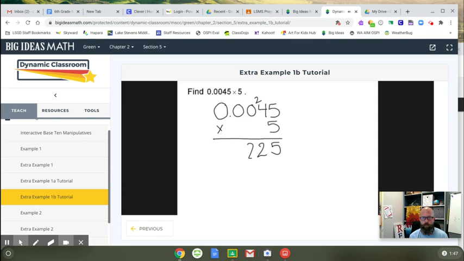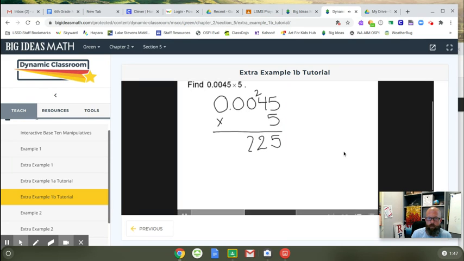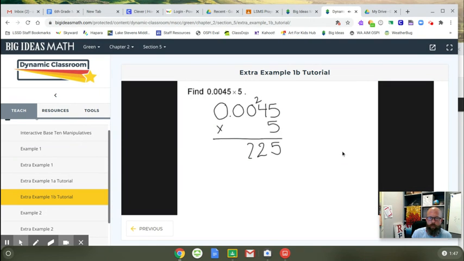But now we need to find how many decimal places we need for our product. To do this, we count the number of decimal places in our decimal factor, which is 45 10,000ths. When we count, we see that there are 4 decimal places. 1, 2, 3, 4. That means we need 4 decimal places in our product.